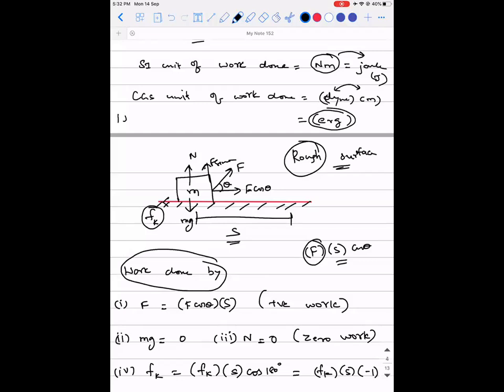If you have a doubt, I'll explain: 1 joule is 1 Newton into 1 meter. 1 Newton is 10 power 5 dyne, and 1 meter is 10 power 2 centimeter. Put together, that is 10 power 7 dyne centimeter, which is 10 power 7 erg. Mostly this erg is not used in mechanics at all, because it's a smaller quantity.